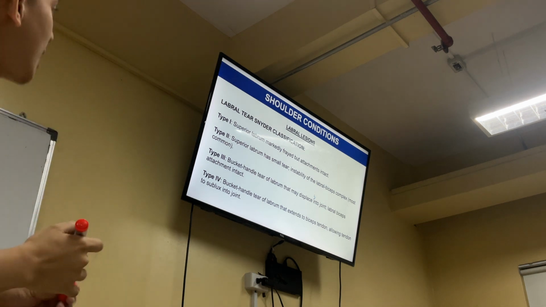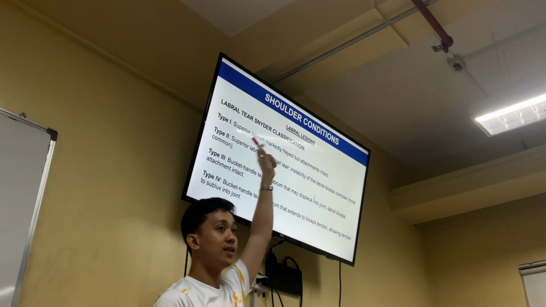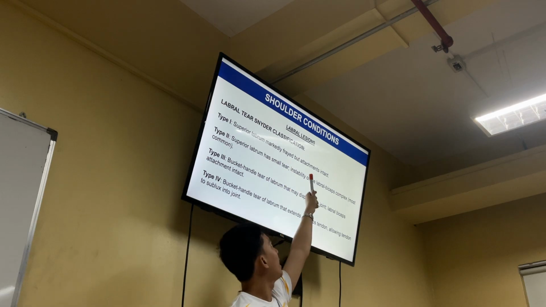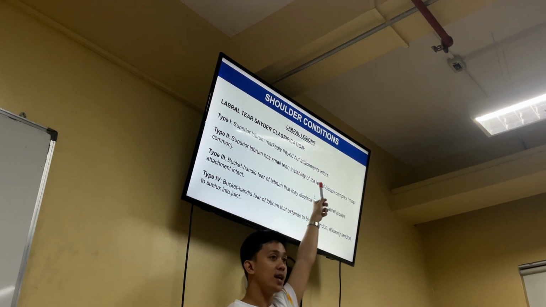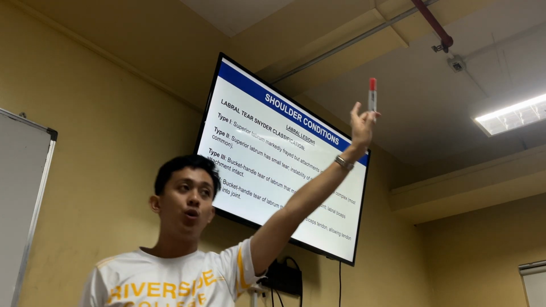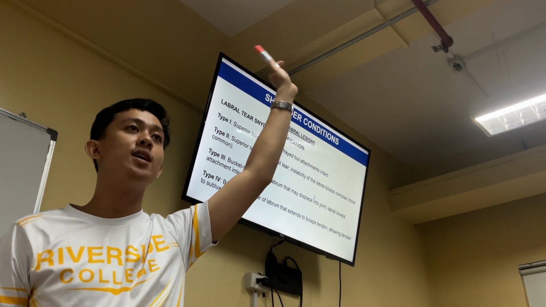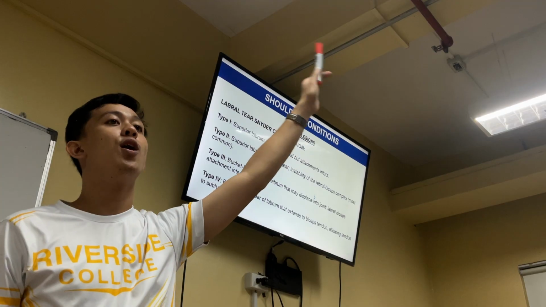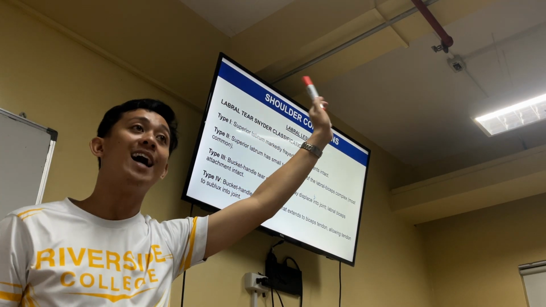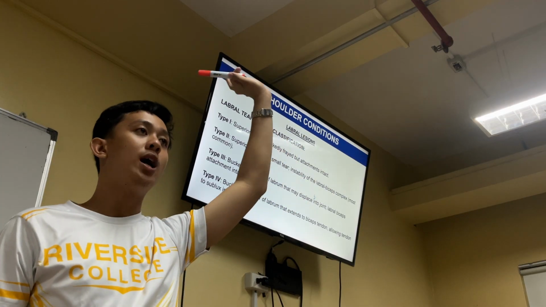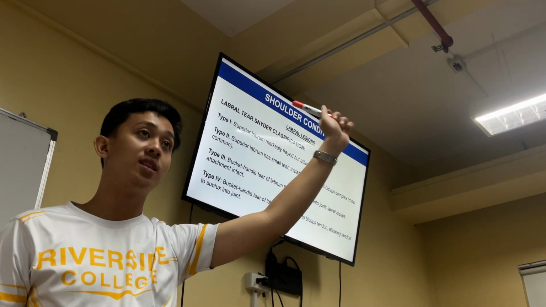Okay? So, in type 1, only the superior labrum is frayed, but the biceps tendon is still intact. Type 2, your superior labrum is frayed, and at the same time, there will be affectation of your biceps tendon. Type 3, a bucket handle tear, but the biceps tendon is still intact.